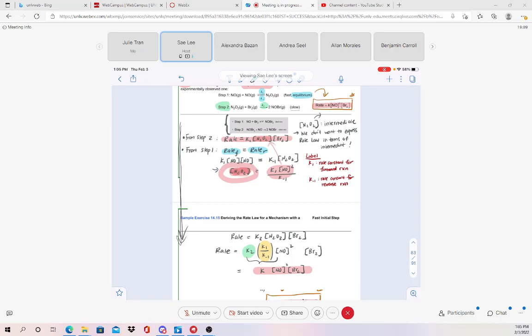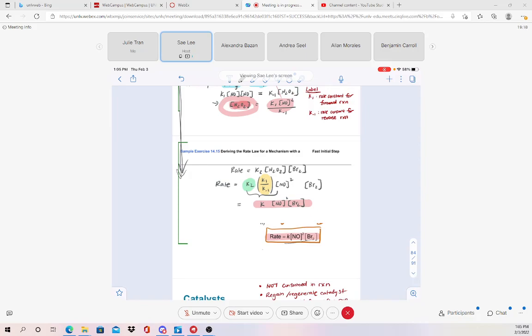So if we cancel this out, that will be very misleading. I want to make a correction to what I stated. K1 and K negative 1 mean the rate constant for the forward reaction for step 1 and the rate constant for the reverse reaction for step 1. They do not cancel out. We will leave it there.